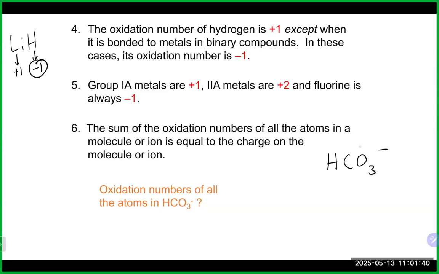Oxygen here would be -2, and all 3 oxygens contribute a -6 charge. Going to the left, hydrogen would be +1. So I have +1 and -6. Because this is bicarbonate, it has an overall charge of -1, and that is what everything should equal when added together. At this point, I'm at -5, which means the carbon in this case would be +4.